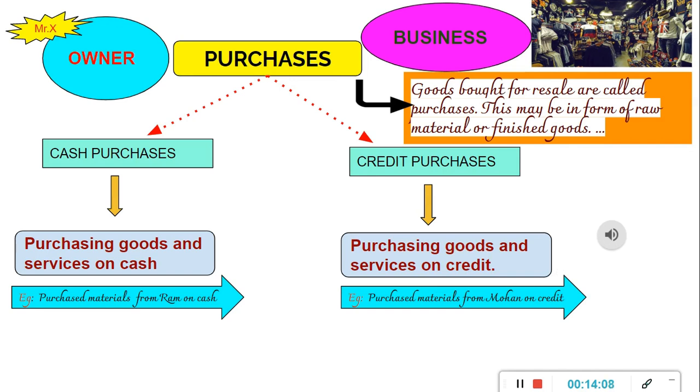Right? Now here we can say that Mohan is the creditor of Mr. X. Means Mohan is the creditor of the business. You got one more point there. What is it? One word? Creditor. Right? Is a creditor a tension for the business, or an advantage? Of course, it's a tension, isn't it? We have to pay. We have to give money to someone later.